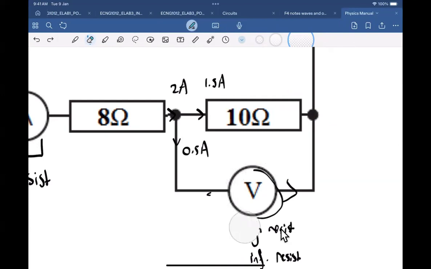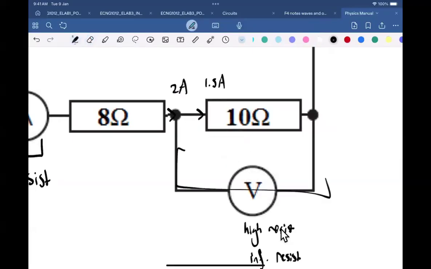So if you have a high enough resistance, is any current going to be able to make it through the voltmeter? No. So where does all the current flow then? Exactly. And in doing that, it would not change the circuit. Perfect.